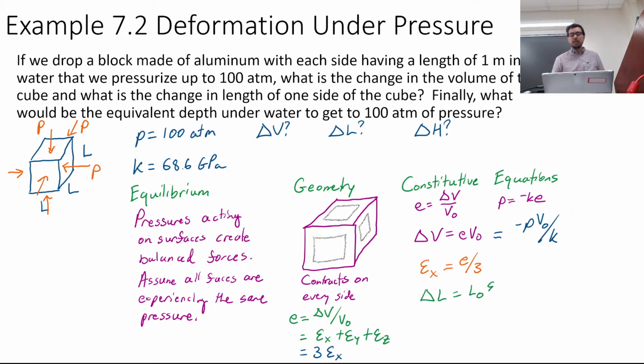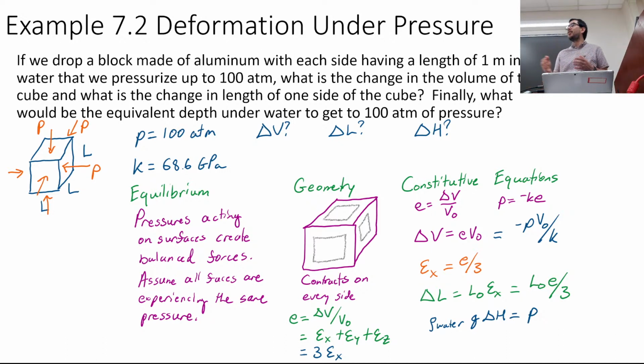And if we want to look at the change in length, we can go back to the definition of linear strain, and we say that it's L naught times epsilon x. Is this equation familiar? Do you remember hearing rho g h is equal to the pressure underwater? Maybe?